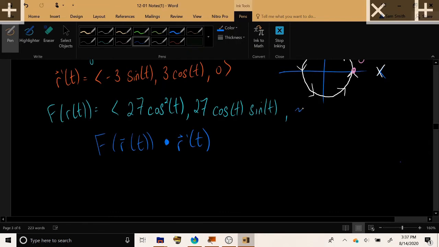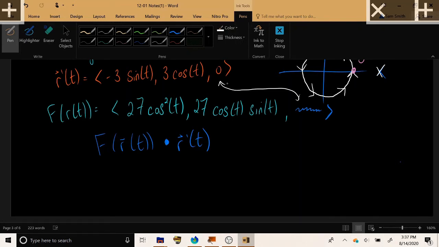So whatever goes in this slot, no matter how complicated it is, in the dot product it's just going to get multiplied by the 0 in the z component of the velocity vector. So what is here doesn't actually matter, because in the dot product it's going to vanish no matter what. And so we can save ourselves a little bit of time here.